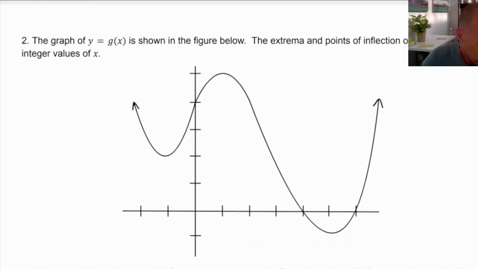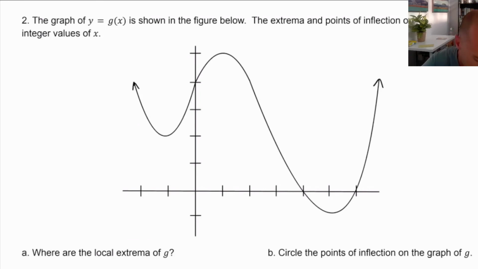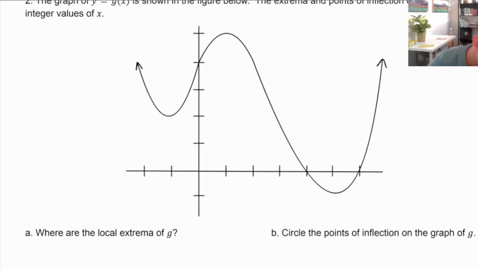Okay. Now, again, we've got a graph of a function, and it says the extrema and points of inflection of g all occur at integer values of x. Okay, so that means it's the whole number. And, all right, so local extrema.